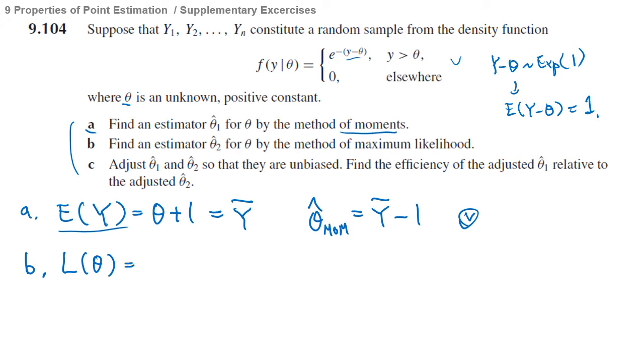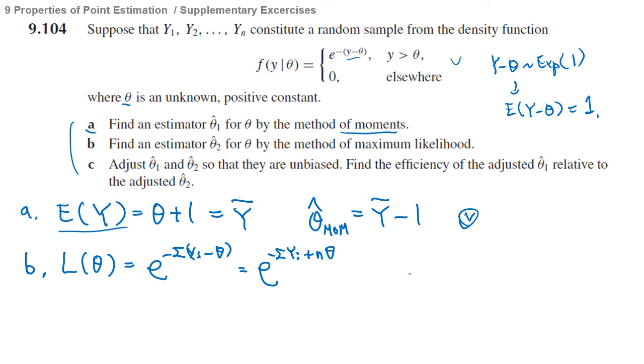This is multiplying all the density functions, which is e to the minus sum of (yi minus theta), and actually this is e to the minus sum of yi plus n theta.